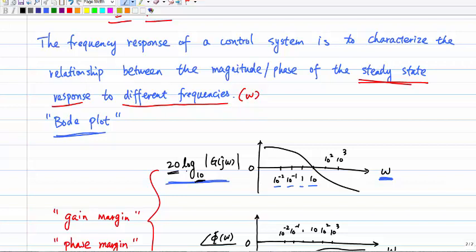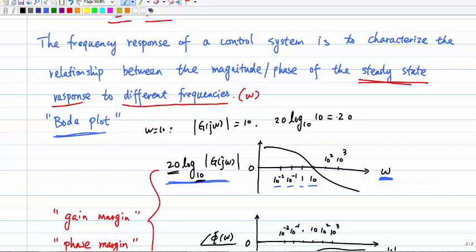Okay, so for example, if my G(jW), let's say for some W is 10, for example, then 20 times log 10 of the magnitude of G(jW) is still, log 10 of 10 is just 1, so it's 20.